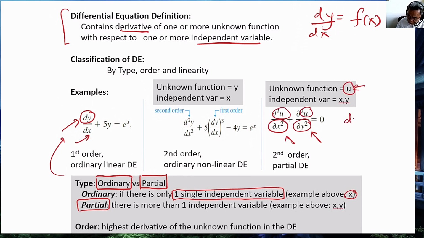So it's a partial derivative of u with respect to x. Notice that the differentiation symbol has changed into this curvy d as opposed to this d, where this is reserved for ordinary and this is reserved for partial.